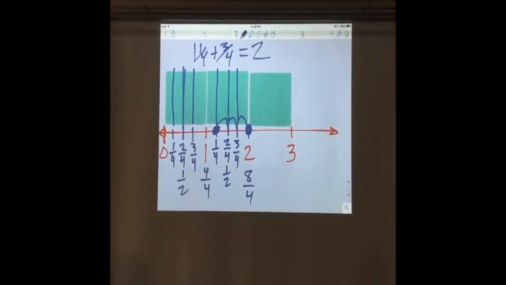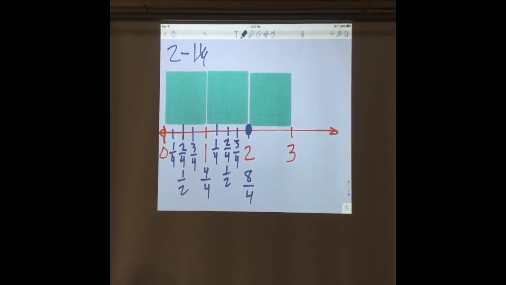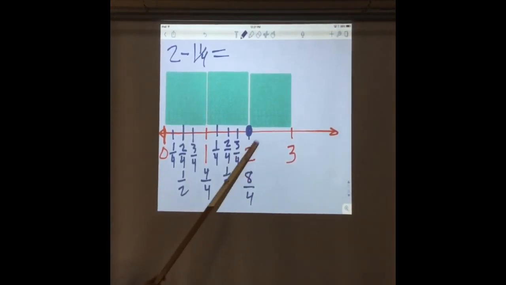I could switch it around, couldn't I? That would be simple. I'm going to leave my fourths up there, and I'm going to get rid of these lines up here, and I'm going to switch this around. Are you ready? What's 2 minus 1 1/4? Where do we start our dot? We put our dot on our 2, right? Which is where it is.